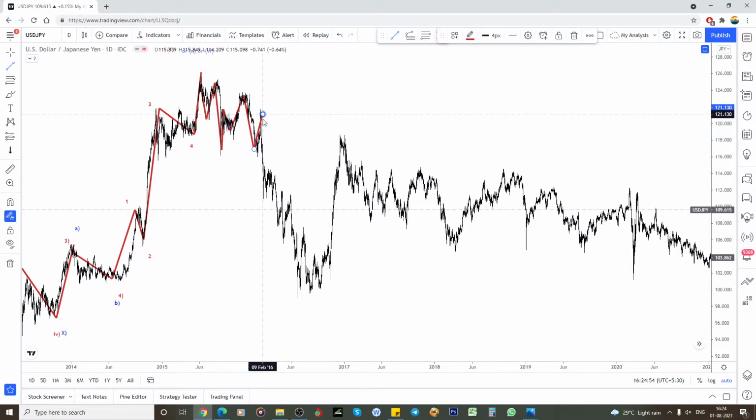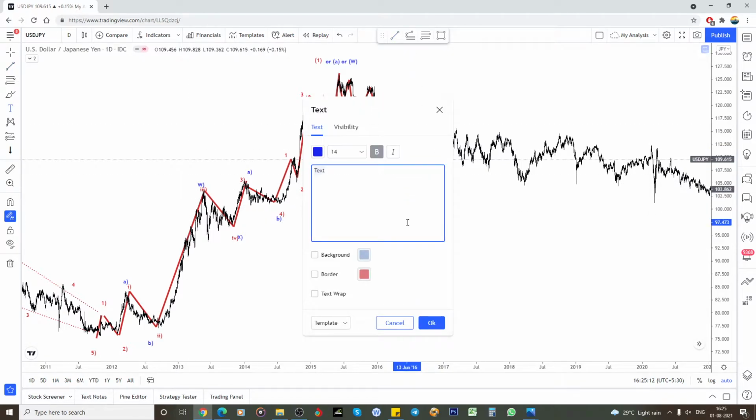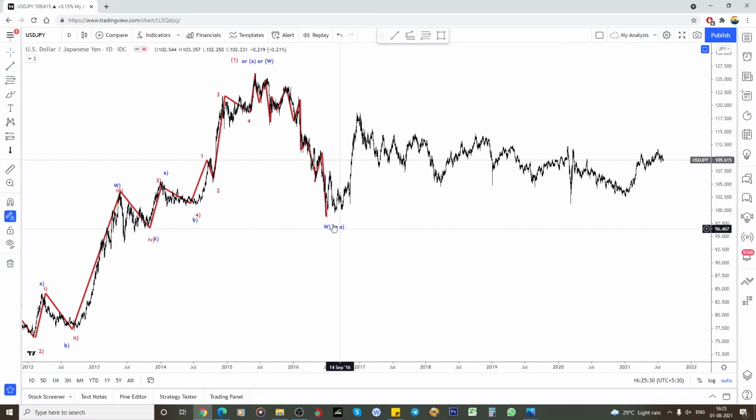1, 2, 3, 4 and 5. So ABC is an A, ABC is a B, and C contains 1, 2, 3, 4, 5, and again, no need to worry about this, because anyway we are making this a W, again single bracket W, or that could be again an A. Mind this, one simple correction got completed, and we are in that X or B wave.